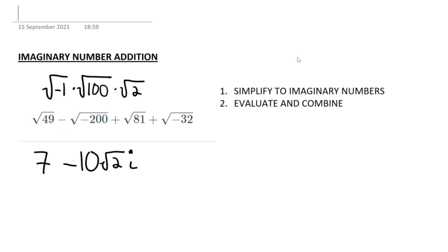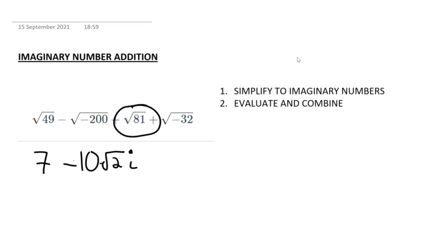And then we have the square root of 81. Well, the square root of 81 we kind of already know. What two numbers will multiply to make 81? Plus 9. There it is. And we have the square root of negative 32, which is going to be plus, well, let's simplify this. What's the square root of a number that goes into 32?